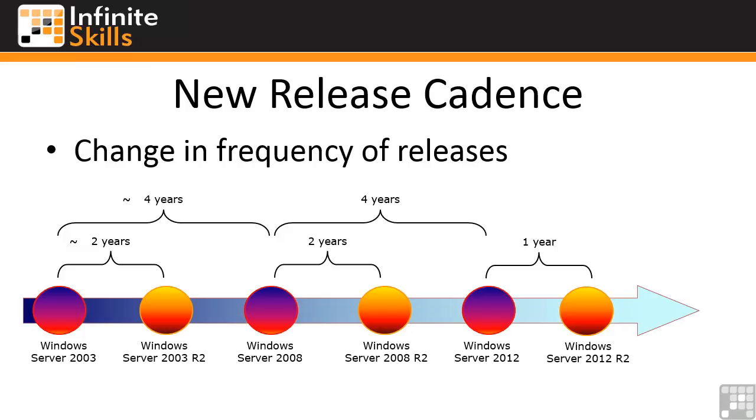This means we are seeing an increased frequency of releases for the on-premise solutions like Windows Server, Windows Client, and now we have simultaneous shipping with things like System Center. So the same day Windows Server 2012 R2 shipped, System Center 2012 R2 shipped as well, enabling Windows Server 2012 R2 to be managed on the day of release.